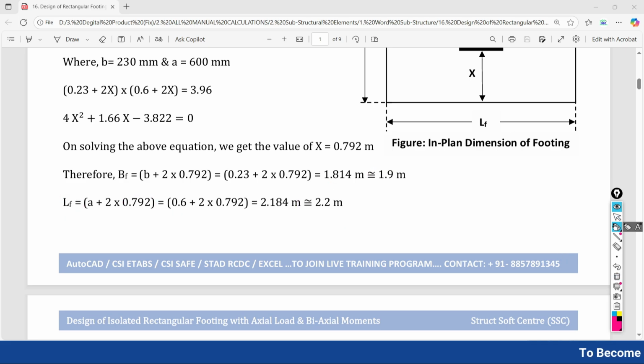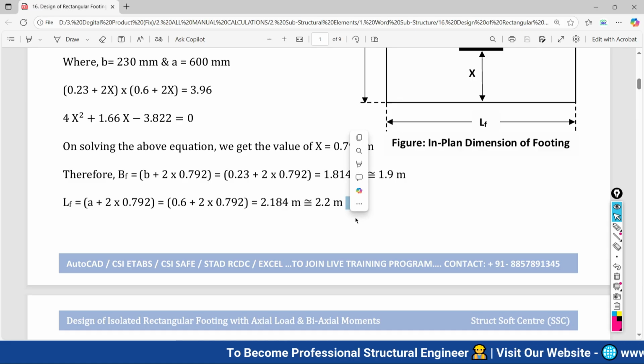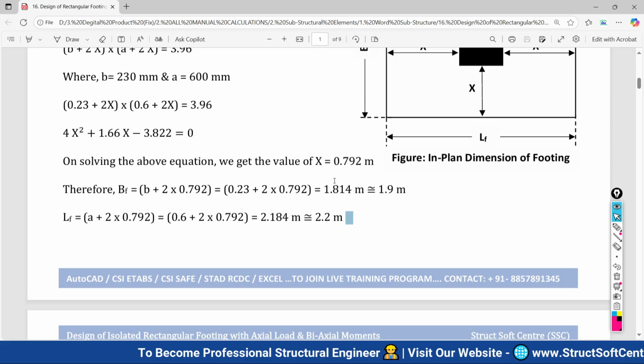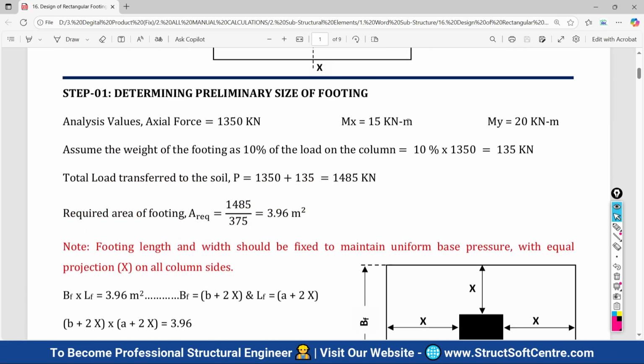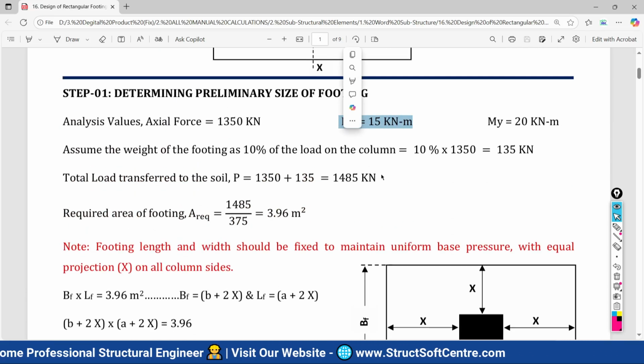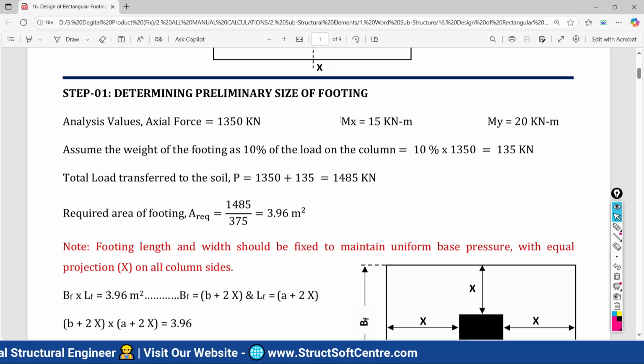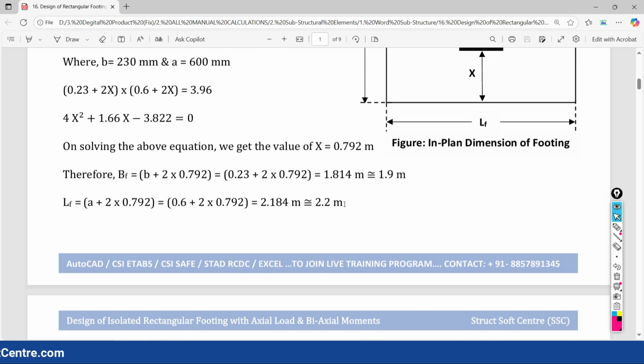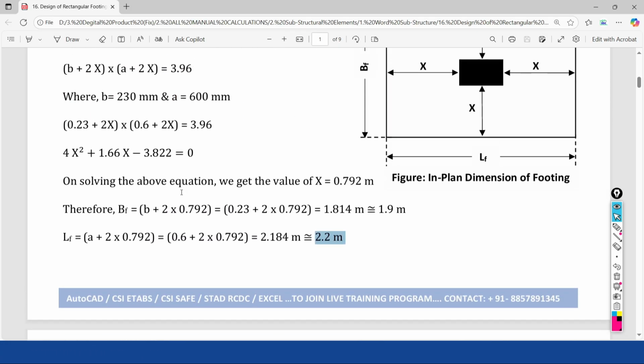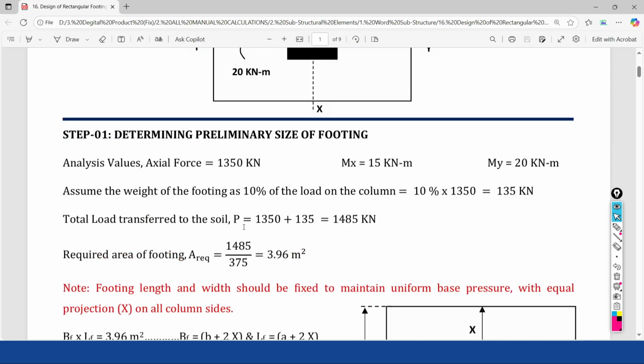So we have finally finalized the length and width of the footing, but I would like to mention that this length and width has been decided without considering the influence of the moment. If you recall, we have not considered the moment about the minor axis and the moment about the major axis. This length and width of the footing we have calculated only on the basis of the axial load.